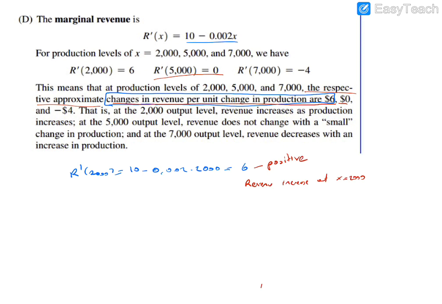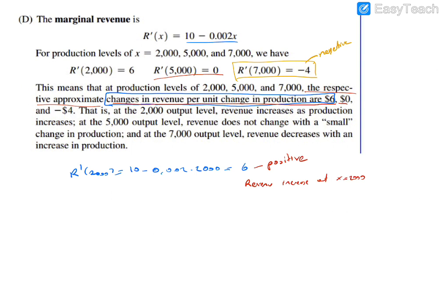For the 7000, that is an important point here. This is negative, so revenue decreases. That means at the 7000 output level, revenue decreases with an increase in production. Or when production changes 1 unit, revenue decreases $4.